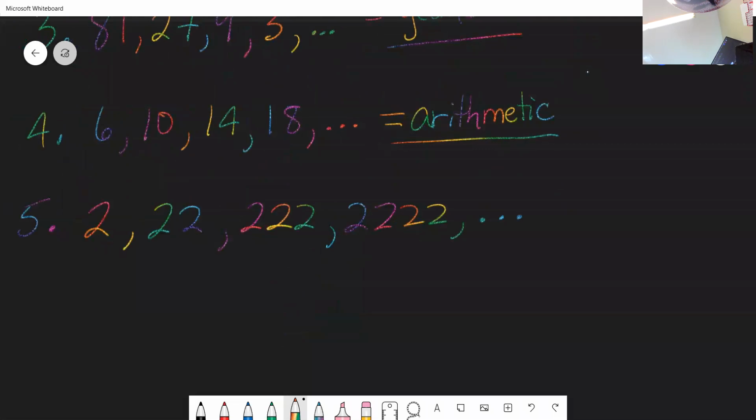Yeah, this is neither. Definitely don't have a common difference because the difference between 22 and 222 is much bigger. It's 200, whereas the previous one is 20. And you don't have a common ratio because there's not a common number that each preceding term can be multiplied by to give you the next term. So in this case, this is neither. It's something else. I love that. It's something that we're open on, like maybe.